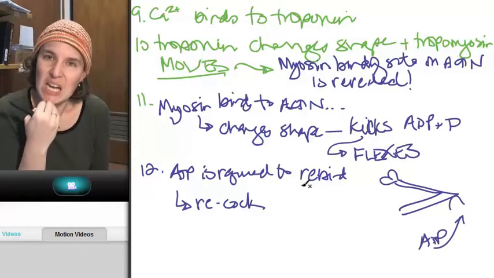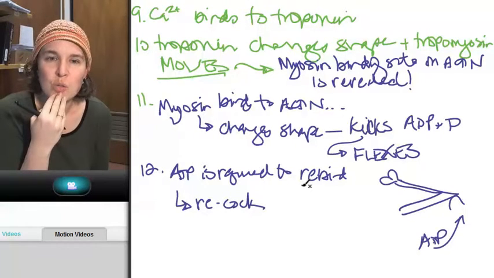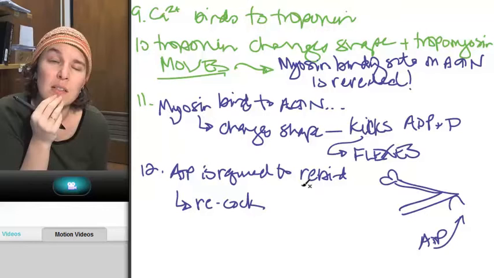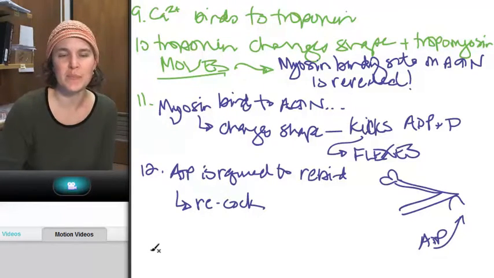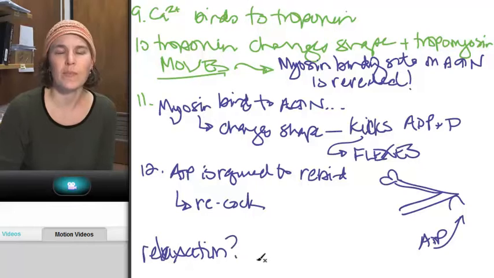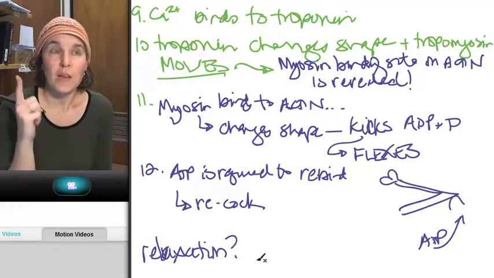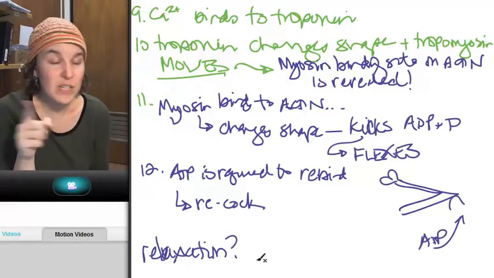When the muscle is done, when it wants to relax, for crying out loud, just relax, what has to happen? Calcium has to go away. We have to get rid of our calcium.